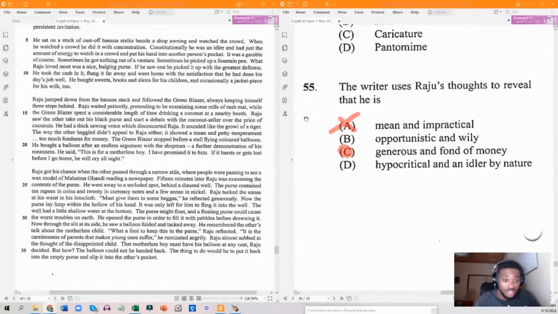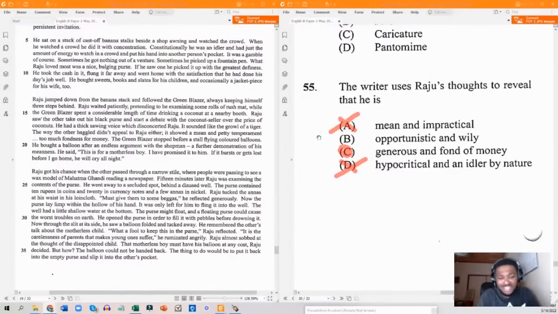He wants to give away some of the money to other beggars. He buys things for his wife and stuff like that. Hypocritical. I don't see any hypocrisy in his actions. And even though, yes, he is an idler, but he also works hard, doesn't he? By stealing. No. Why is it opportunistic and wily?